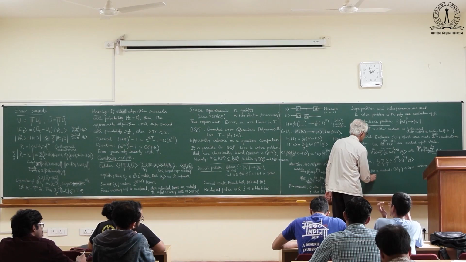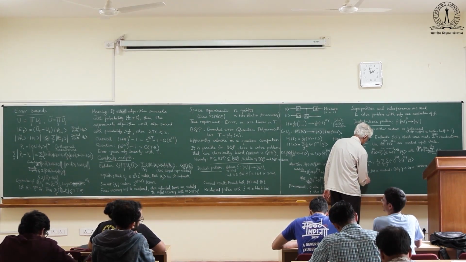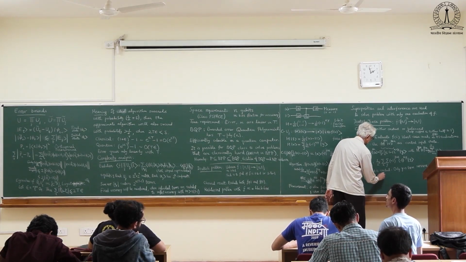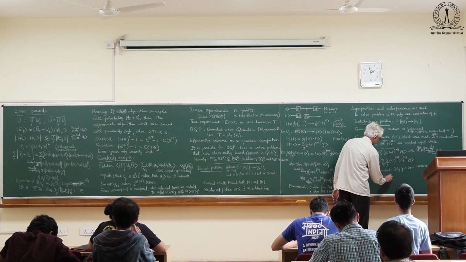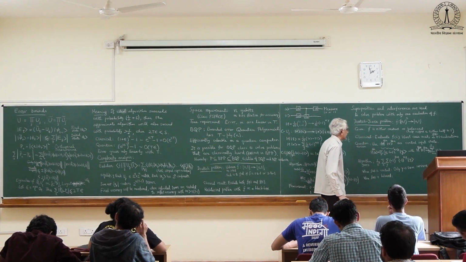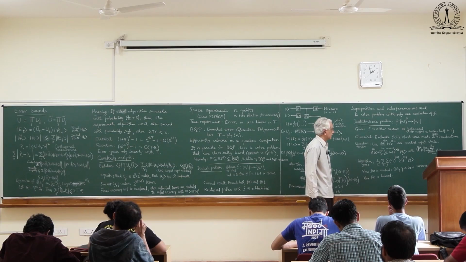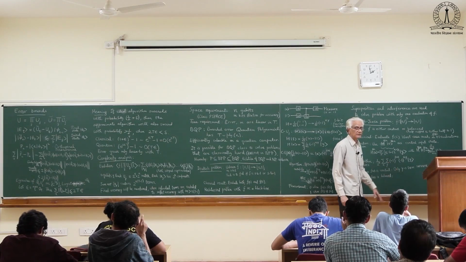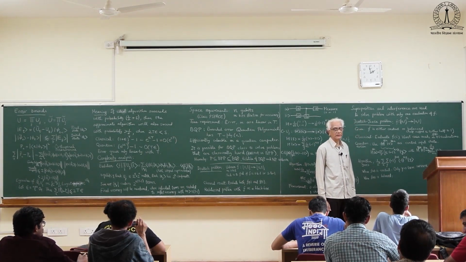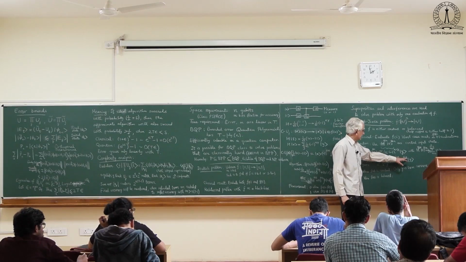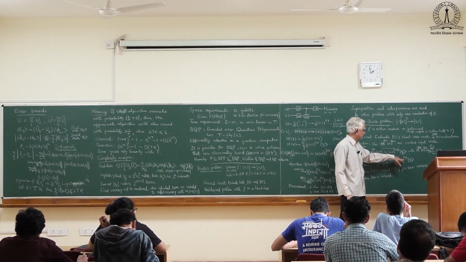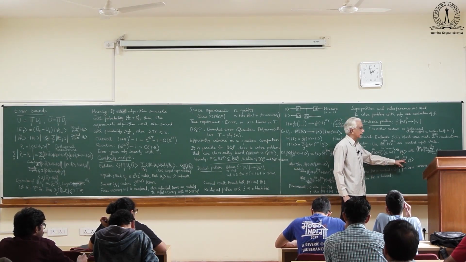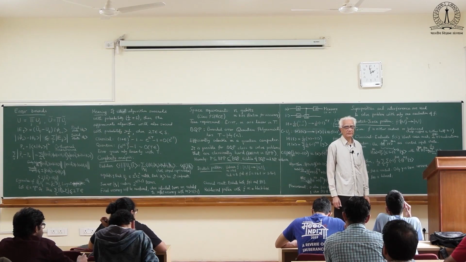And when f of x is balanced, something else happens. Balanced means half of them will have value +1 and the other half has value -1. And then when is this factor absent? If y is equal to 0, this factor is not there.